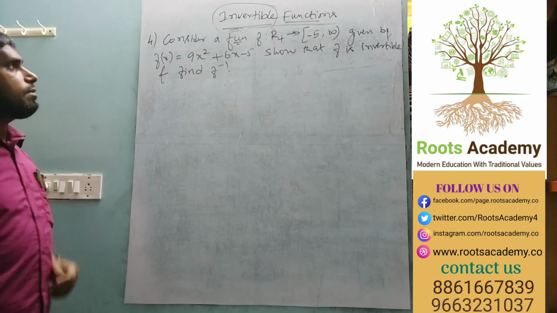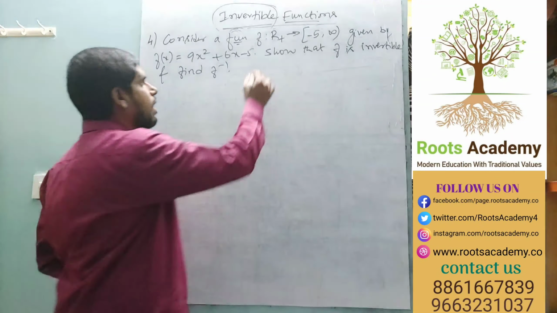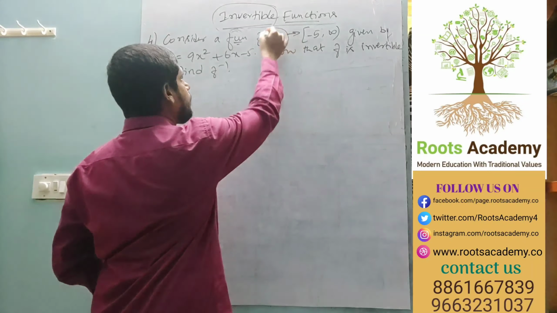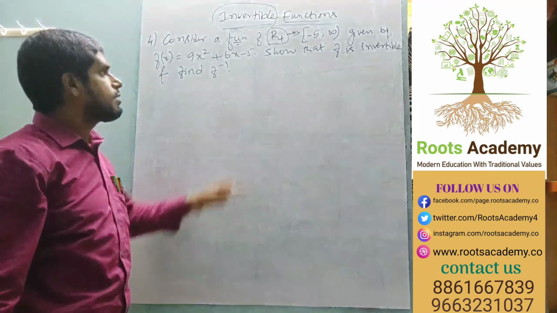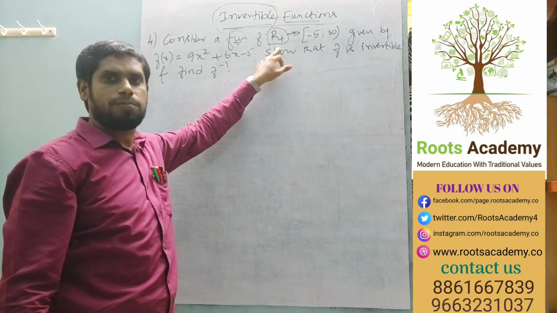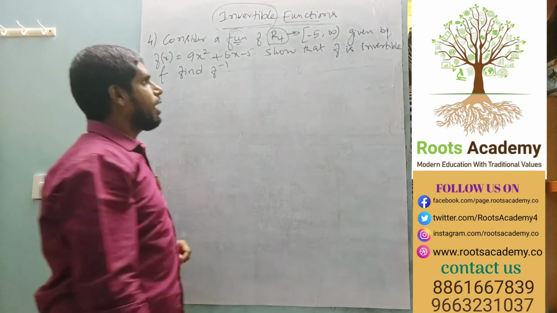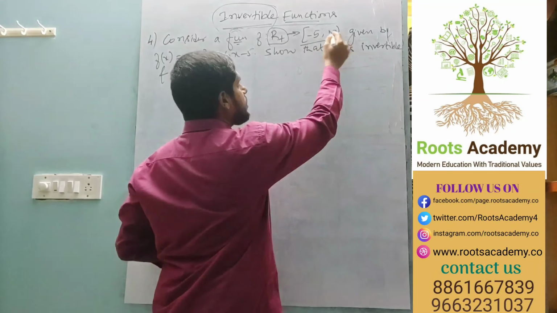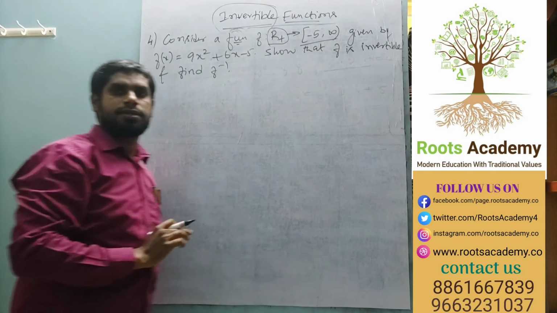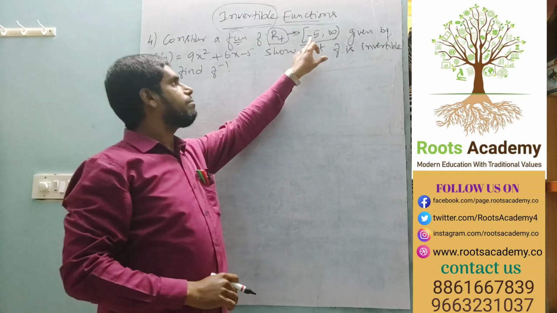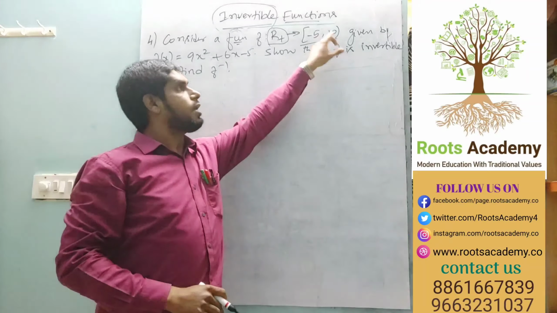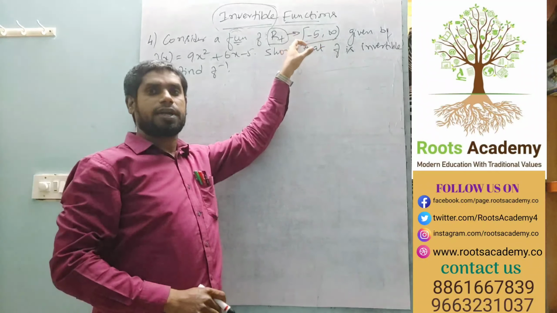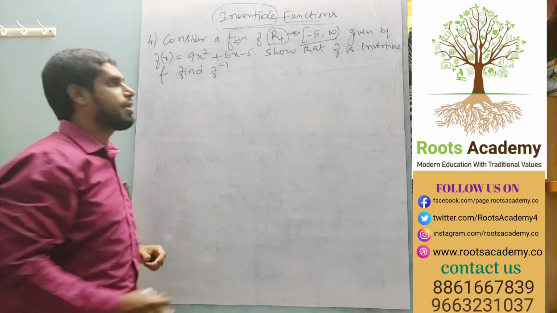Now student, this time our domain is the set of all positive real numbers. R plus means the set of all positive real numbers, and our codomain is minus 5 to plus infinity. Less than negative 5 we cannot take, it is not defined at that particular point.